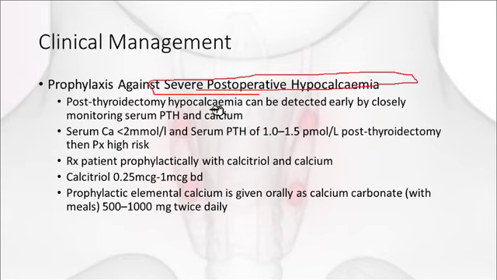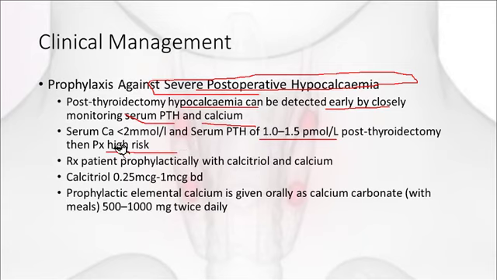And of course, post-thyroidectomy hypocalcemia can be detected early by closely monitoring serum parathyroid hormone levels and calcium levels. Serum calcium levels of less than 2 millimoles per liter and serum parathyroid hormone levels of 1 to 1.5 picomoles per liter post-thyroidectomy indicate that the patient is at high risk of developing post-operative hypocalcemia.